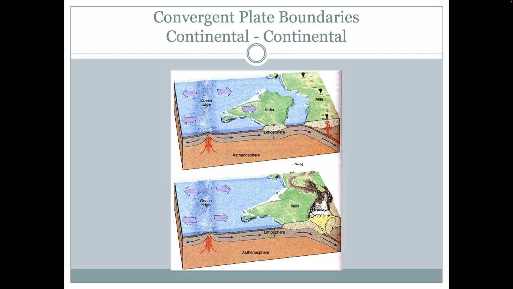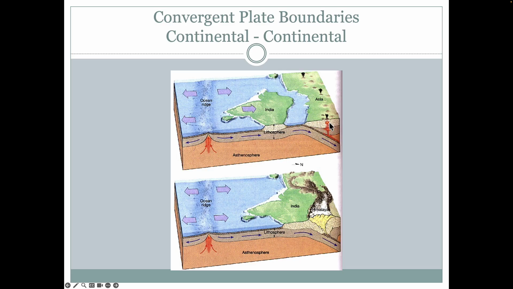So one famous example of when two pieces of continental lithosphere collided was India colliding into the Eurasian continent and forming the Himalaya mountains. So this showed what happened in the past. Here's the divergent plate boundary here. The continent of India is along for the ride here as it's moving to the north, and the oceanic lithosphere on its other side is getting subducted underneath the Asian continent.